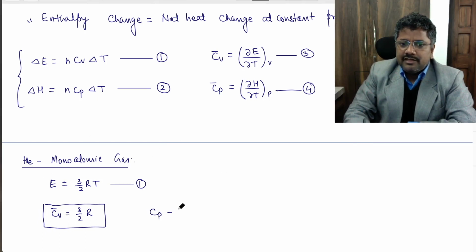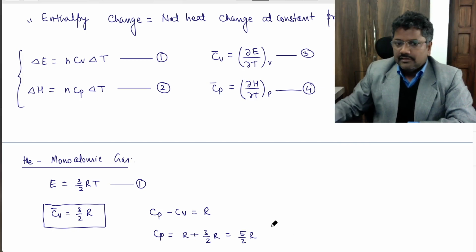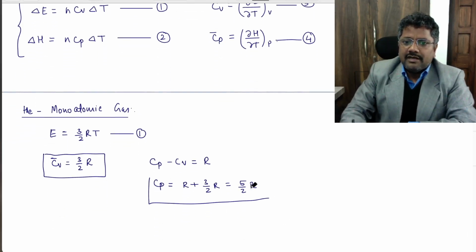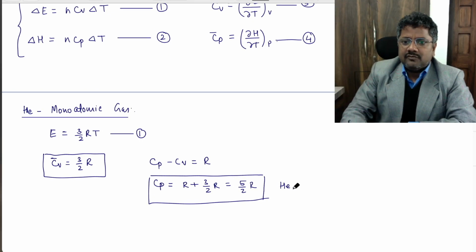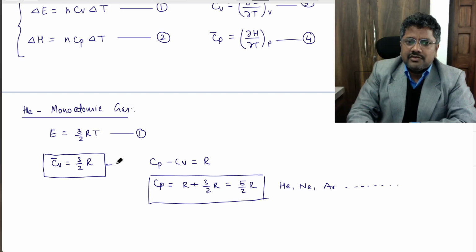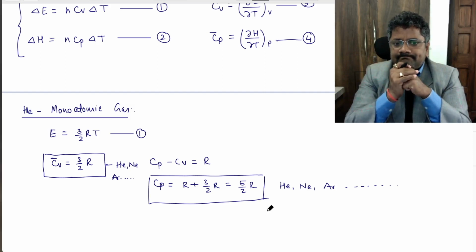All of you know Cp minus Cv is equal to R, and Cv is equal to 3 by 2 R. So Cp is equal to R plus 3 by 2 R, which is 5 by 2 R. So Cp for all monoatomic gases is equal to 5 by 2 R. This is for helium, neon, argon, krypton, xenon, radon, for all monoatomic gases. This is always true.